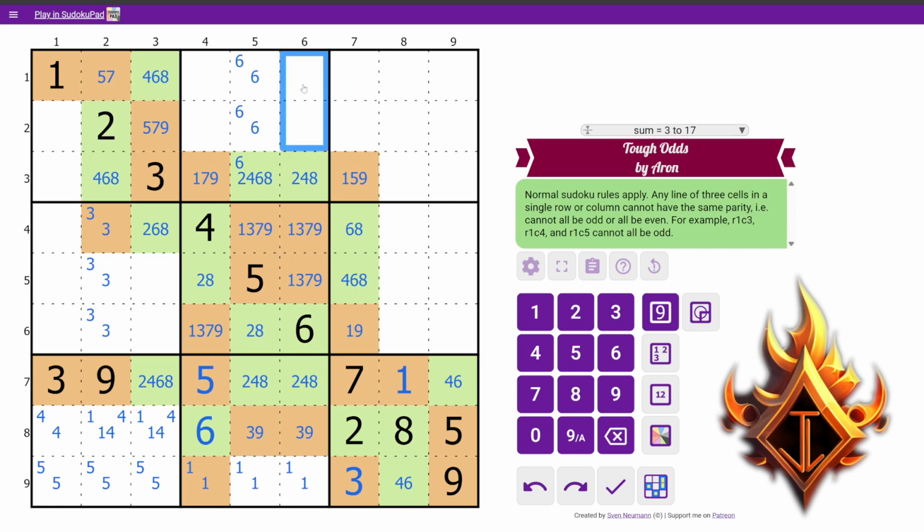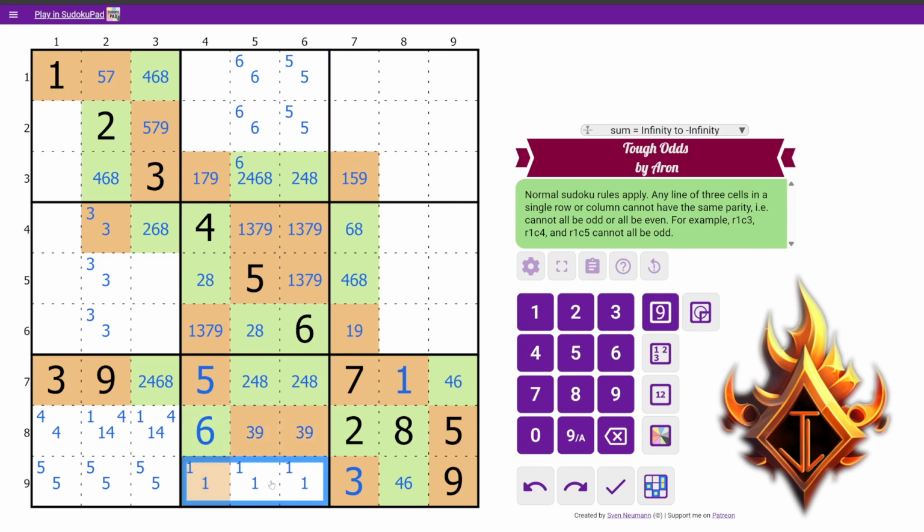There's a 5 up here. Sudoku. Perhaps. There's not a 7 in the middle.